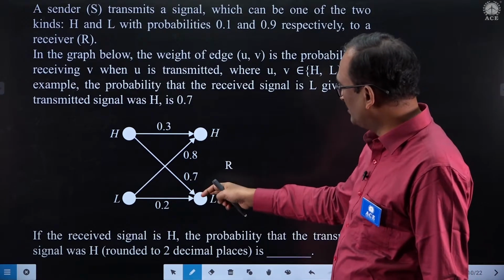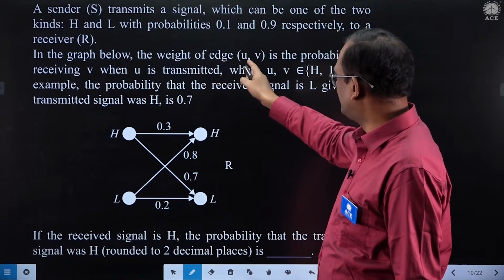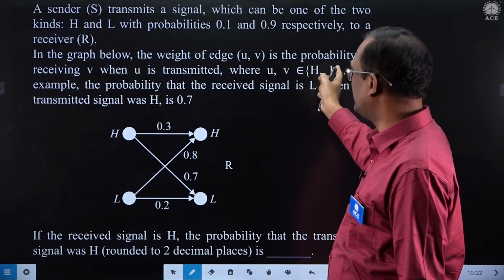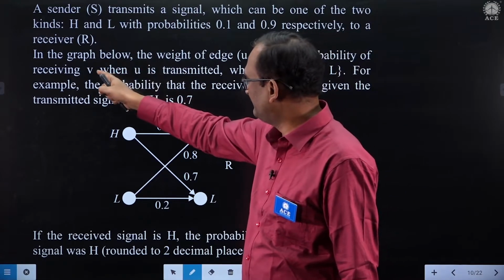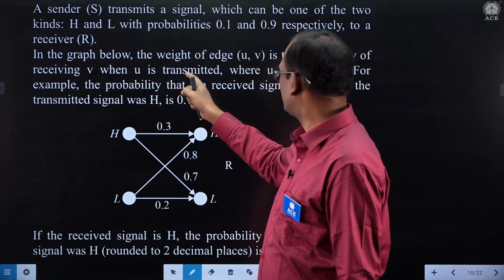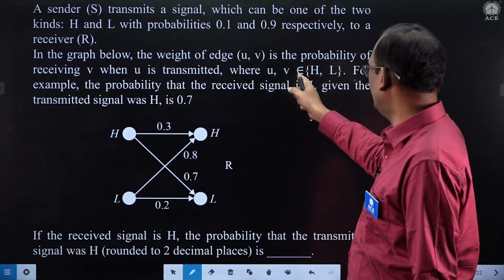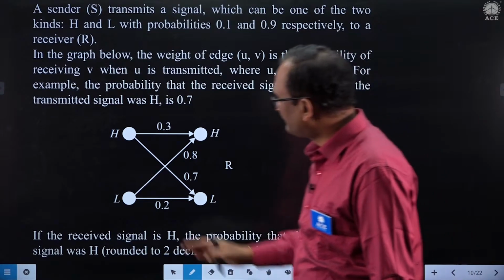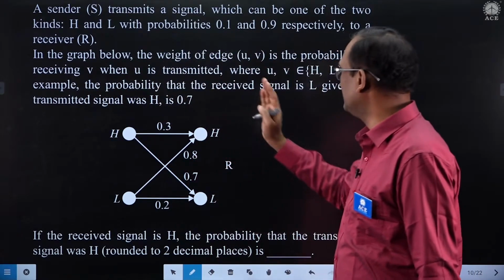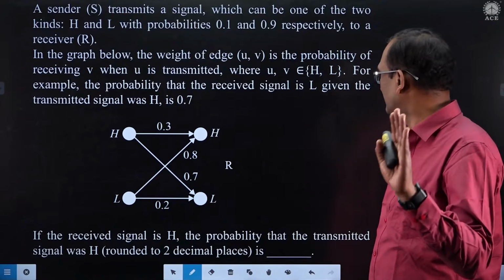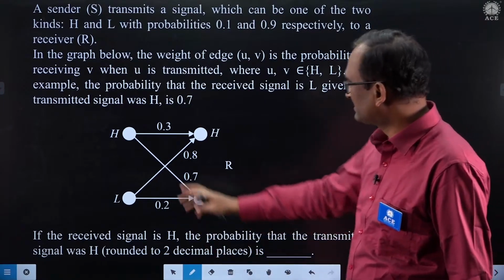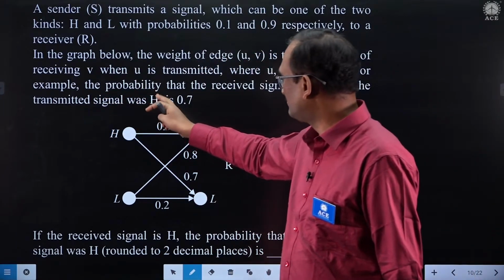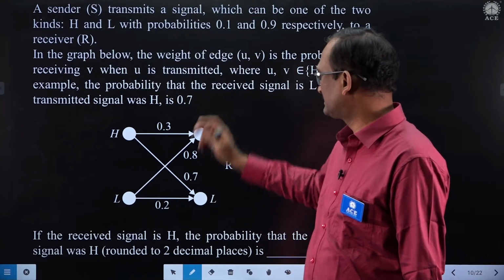In the graph below, the weight W(U, V) is the probability of receiving V when U is transmitted, where U, V belong to {H, L}. For example, the probability that the received signal is L given that the transmitted signal was H is 0.7.